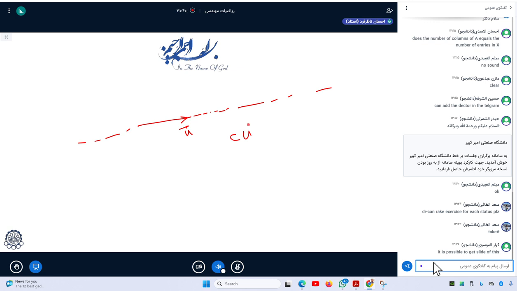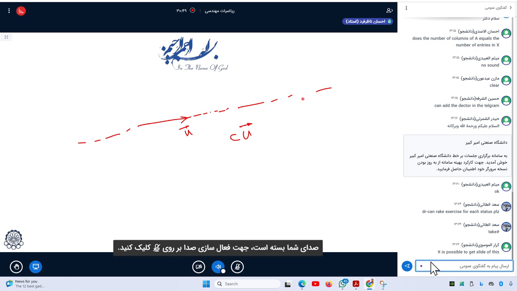So it could be negative, going in this way, and if it is positive, going this way, so it could generate all of these lines.